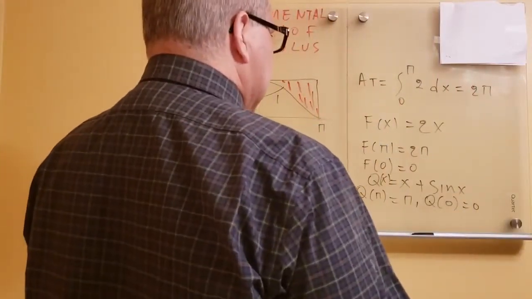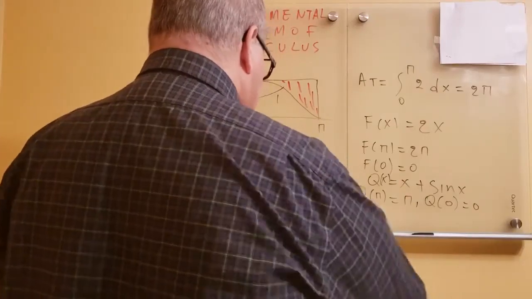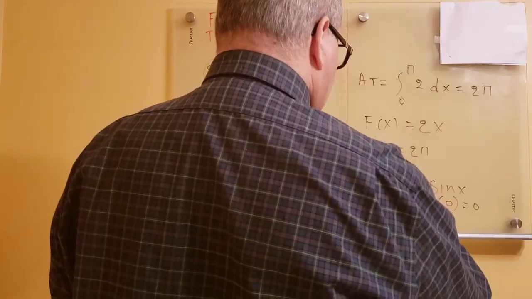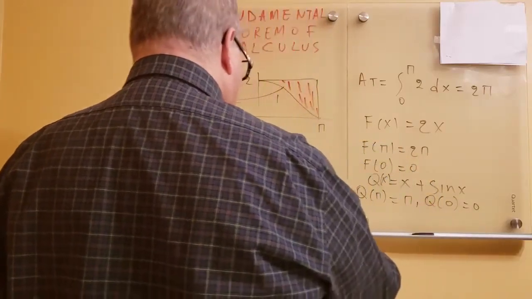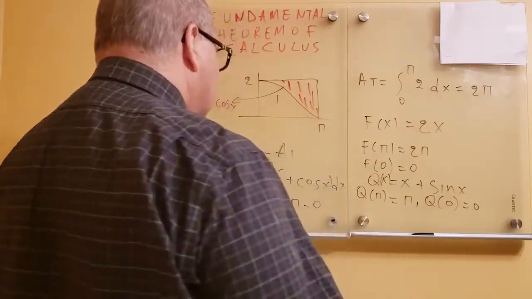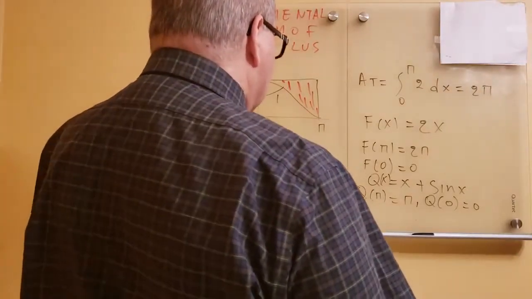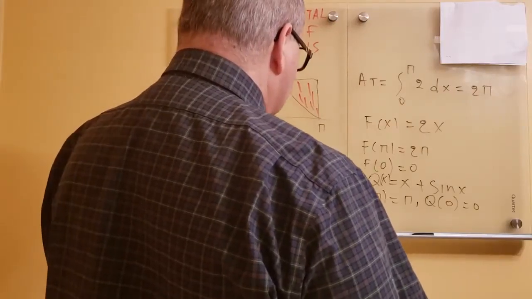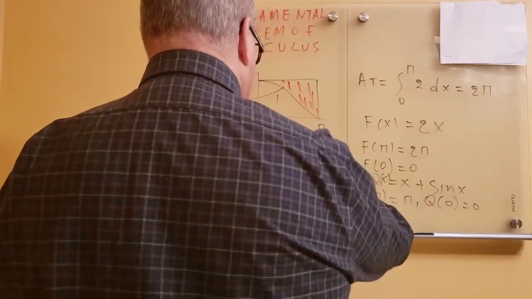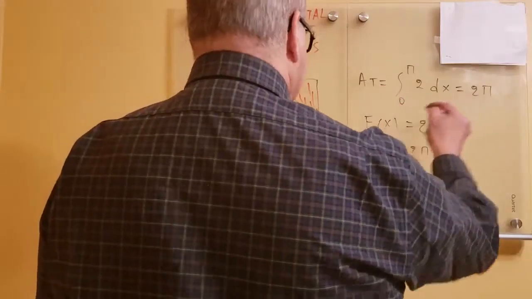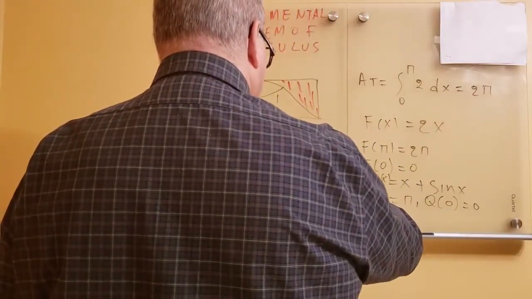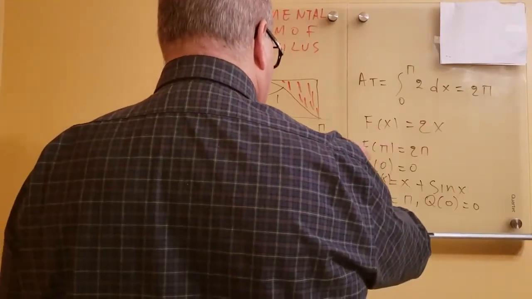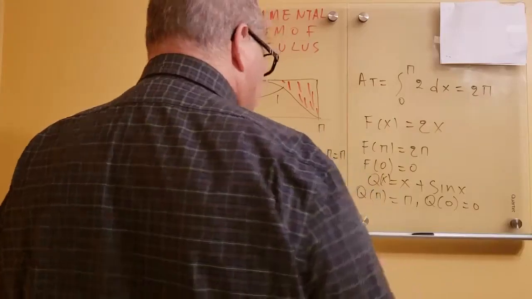So this integral here is Q at pi minus Q at 0, so it's pi minus 0. So what we want to find is the AR, which is AT minus A1. So it's not a big deal. We know that AT is equal with 2 pi. A1 is pi. So the answer is pi.